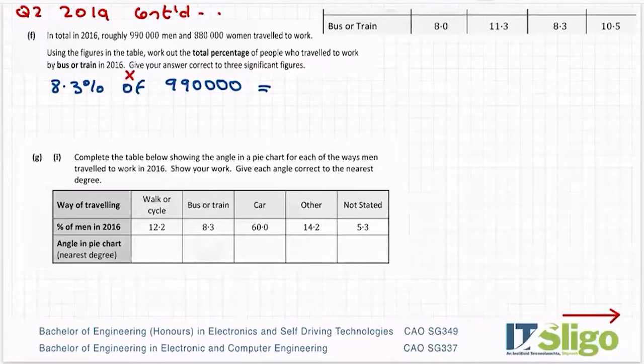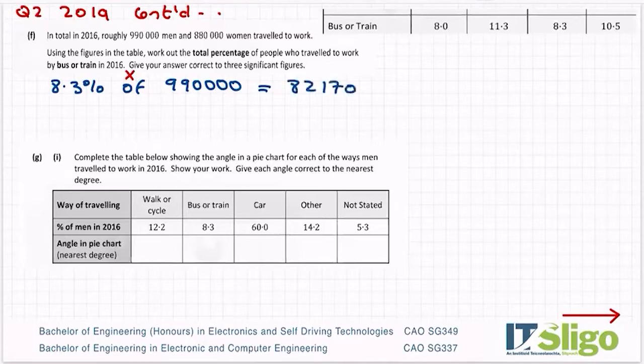So on your calculator, you can go 8.3% using the percent sign of 990,000, or you can go 990,000 divided by 100 and multiply by 8.3. So however you get percentages, that is how you do it, okay?